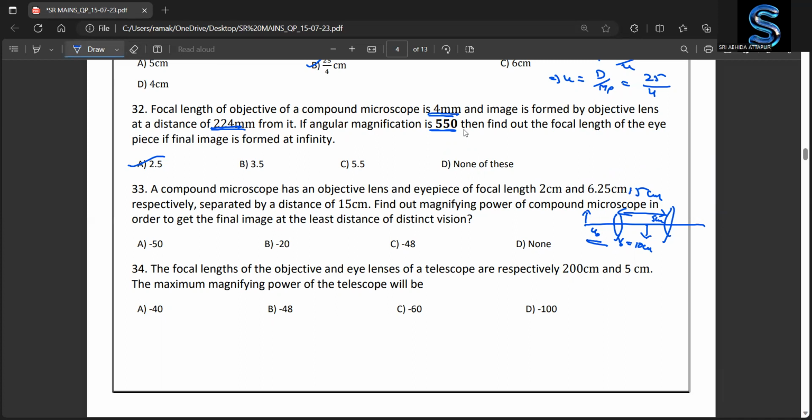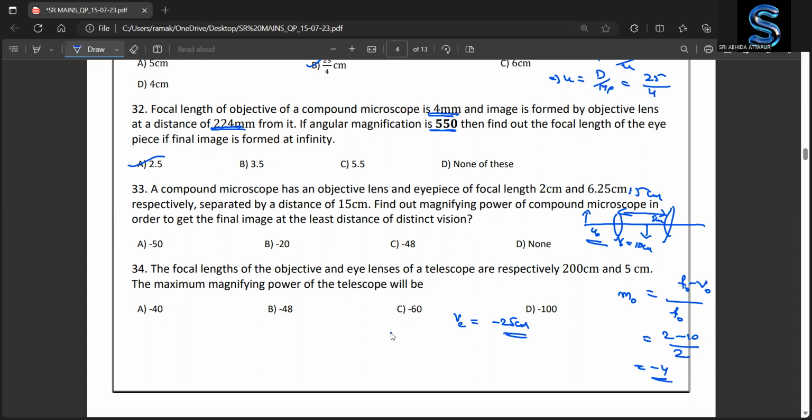So based on that, the magnifying power of the objective lens is represented as m naught equals f naught minus v naught by f naught. So here it can be represented as 2 minus 10 by 2, which is equal to minus 4. Whereas the image distance for the eyepiece is represented as minus 25 centimeters.